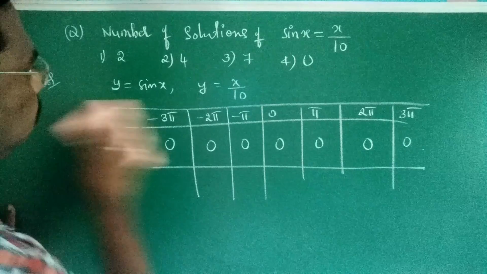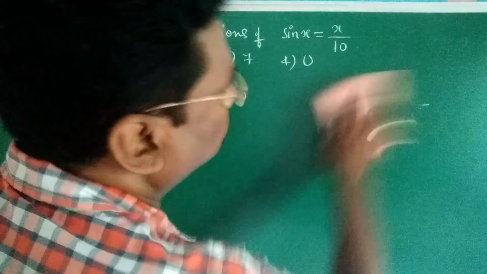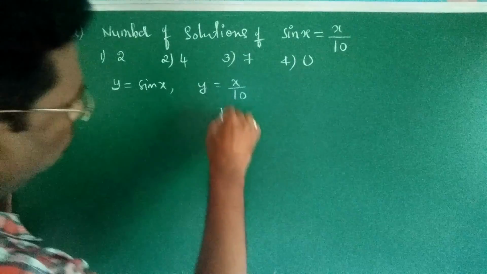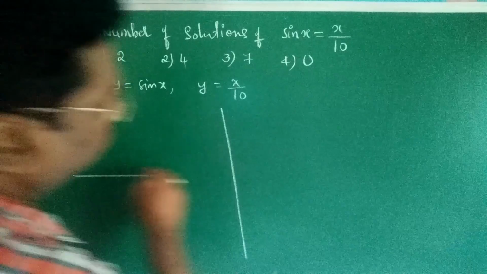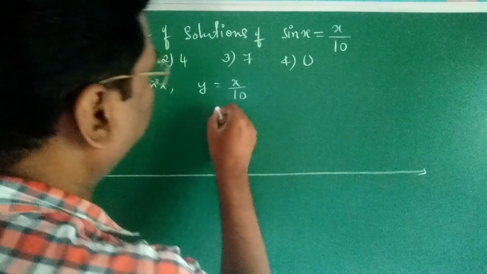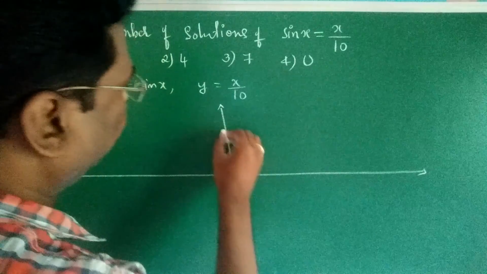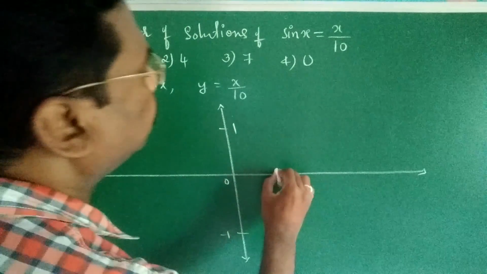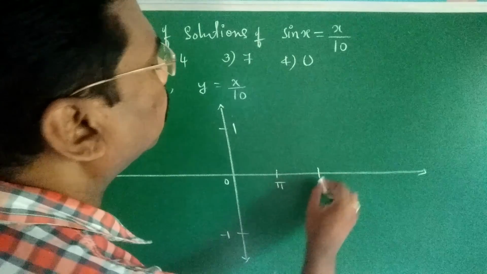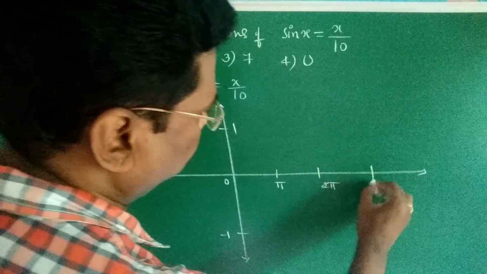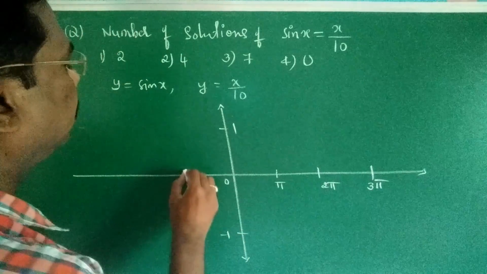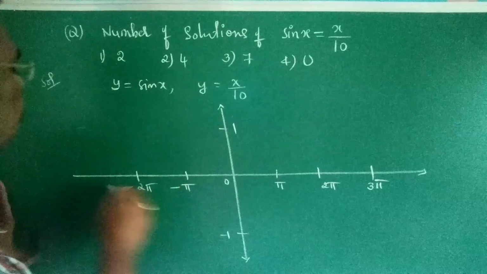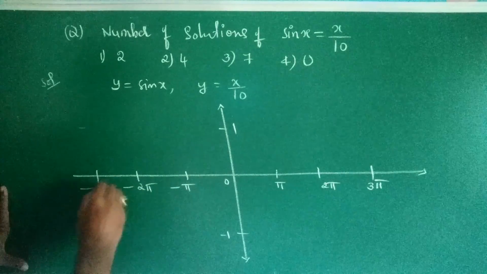Now first, on the x axis and y axis, here 1, here -1, 0, and here also π, 2π, and also 3π. Now -π, -2π, -3π.